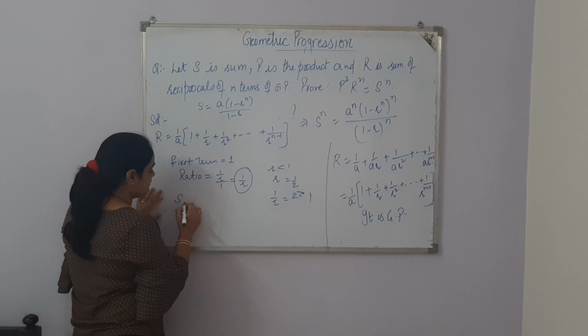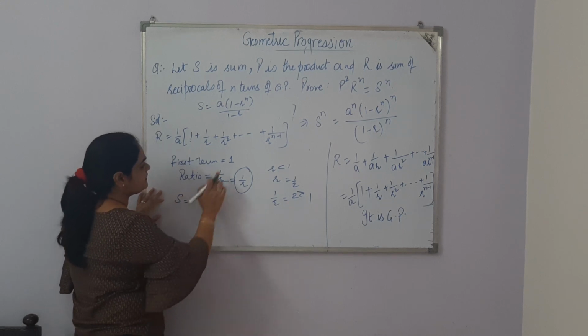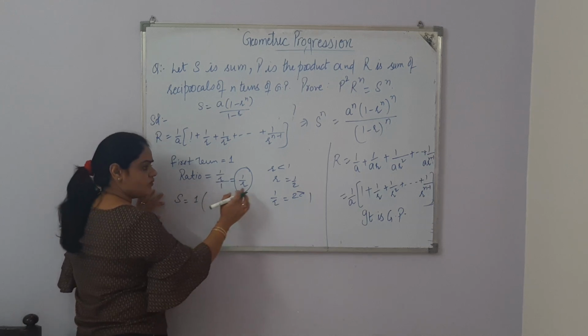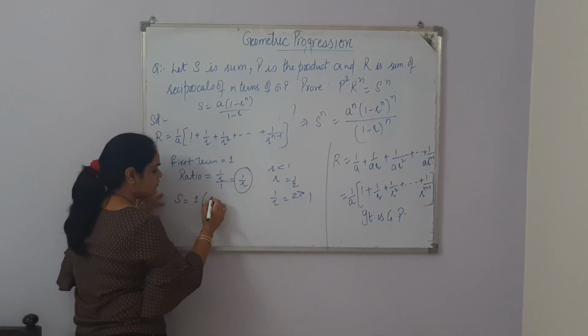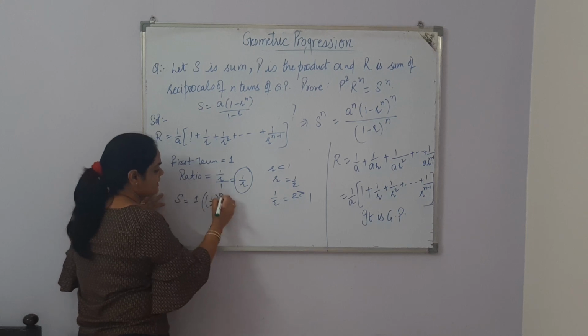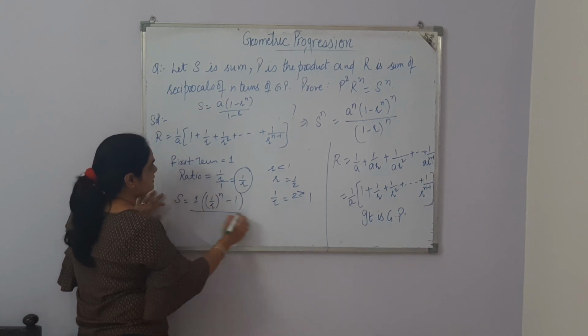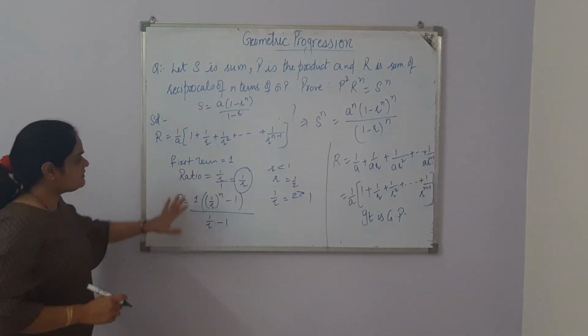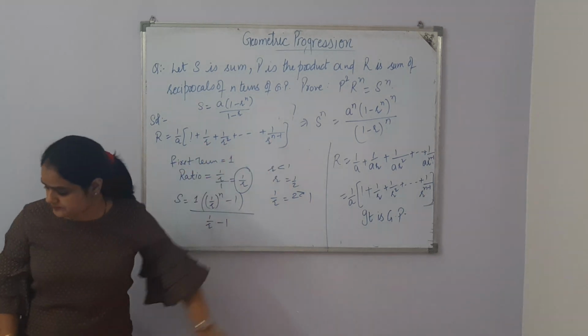What is the sum formula? It is a. What is a here? The first term is 1. So it is already greater than 1. So it is (1 by r raised to power n minus 1) upon (1 by r minus 1). This is the formula for its sum.